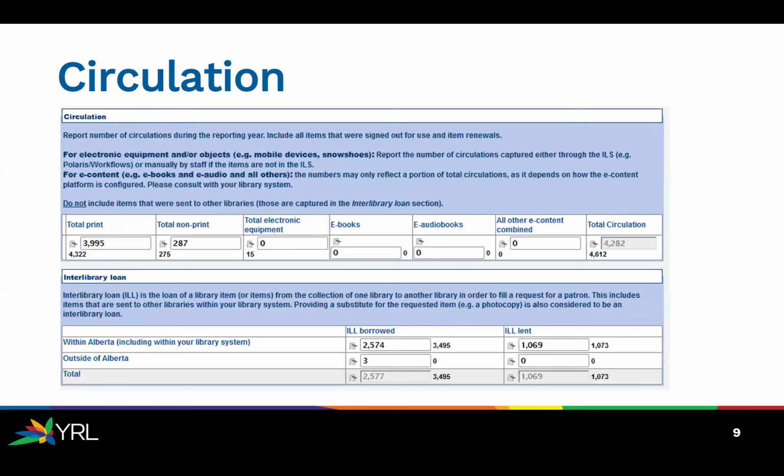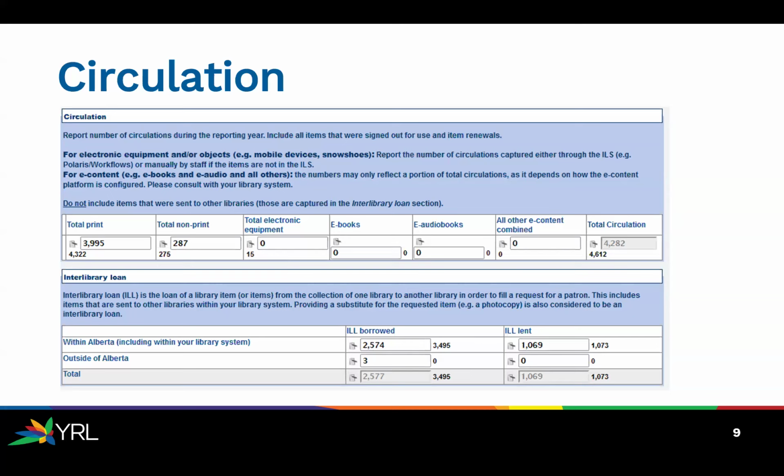So the circulation also aligns with the information on the annual report. So what is this counting? Circulation is counting checkouts only, so no renewals, and it's counting total print. Total print is based on material type, so book, large print, paperback, magazine, things like that.